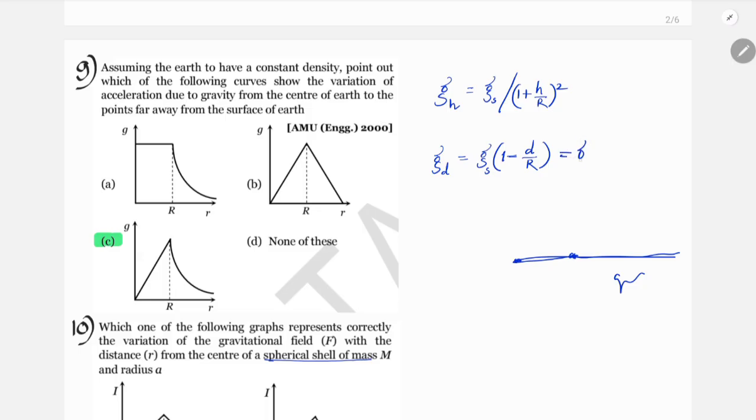Now you can write g minus g on the surface into d by r. Here these two are constant, the only variable is the depth. So you can write this as some intercept minus some other constant into some variable. You can write y equal to some intercept plus slope times x, this is the slope.